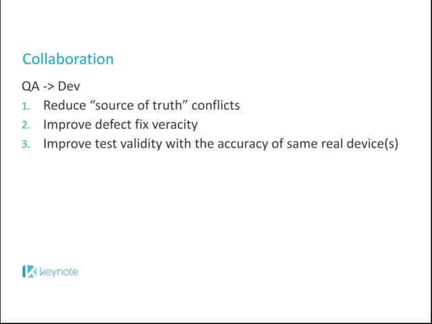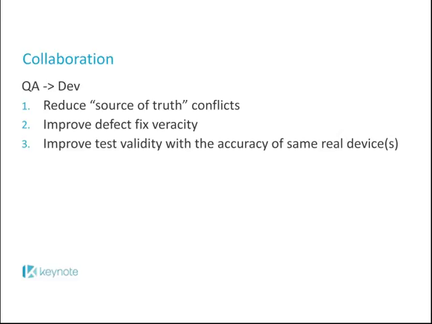So if on the development side of the house, you're able to provide back to them a test case or a specific unit that is consistent and written in the same construct that the developer has been writing in, then that improves the ability of the developer to ensure that the fix they put in is the right fix.